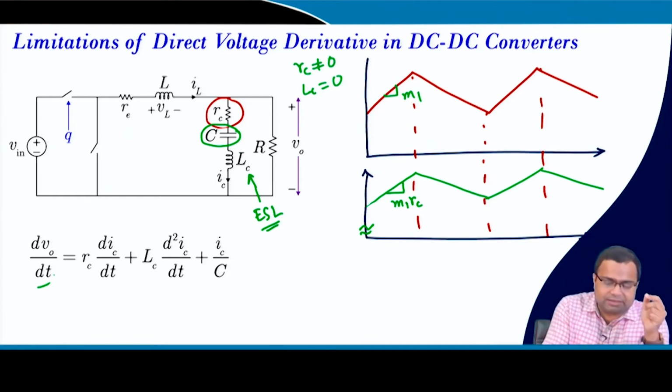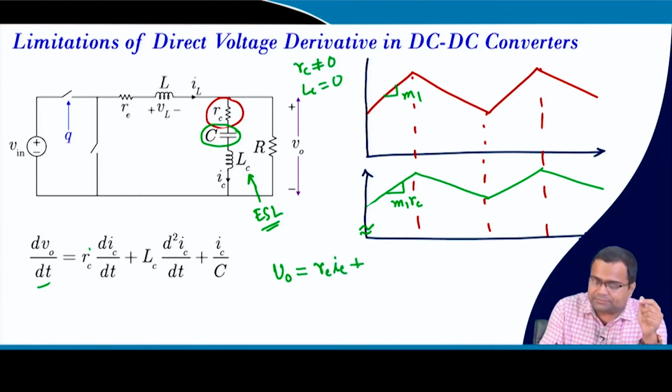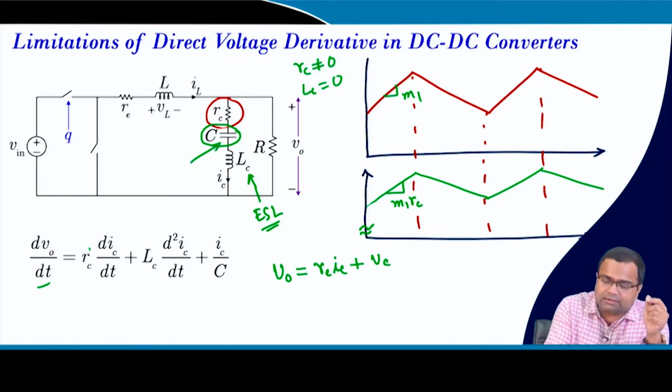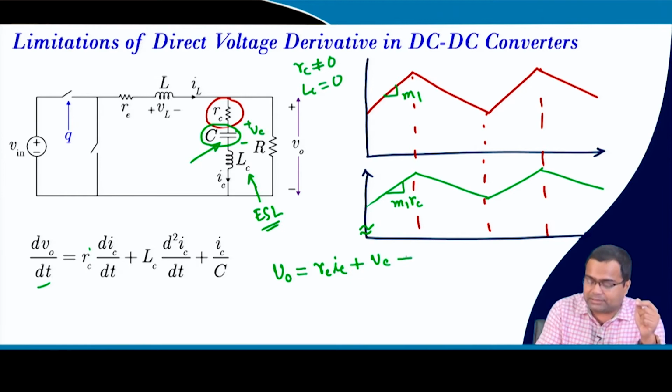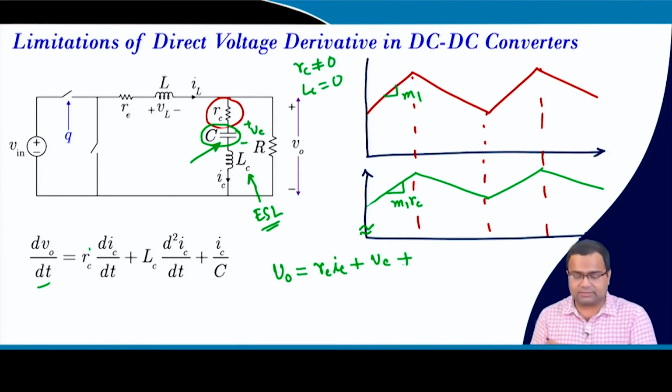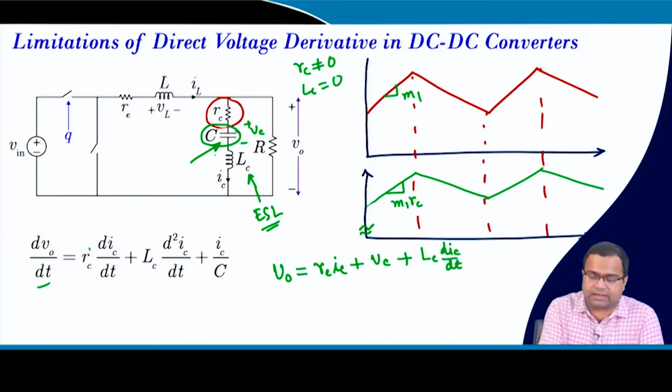What is the output voltage equation here? It is RC into IC plus Vc, the capacitor voltage, plus LC into dIC/dt, because that is the voltage across this particular part. So, this is the branch voltage.